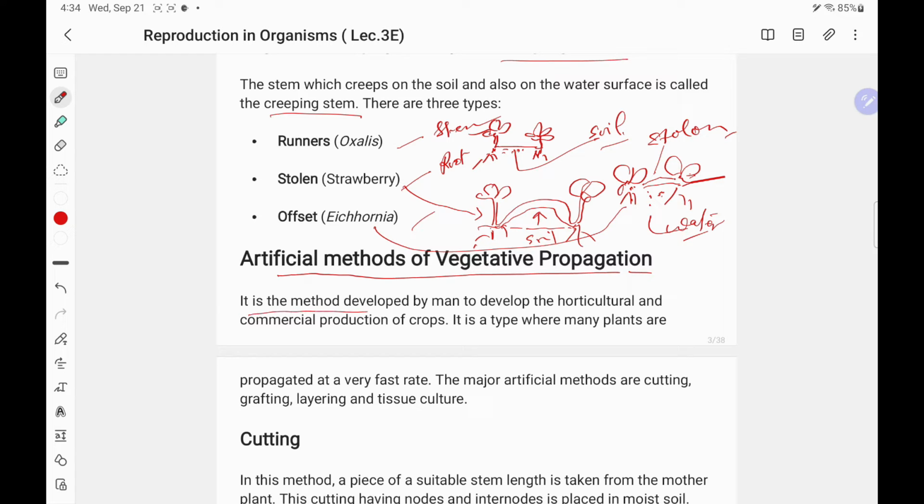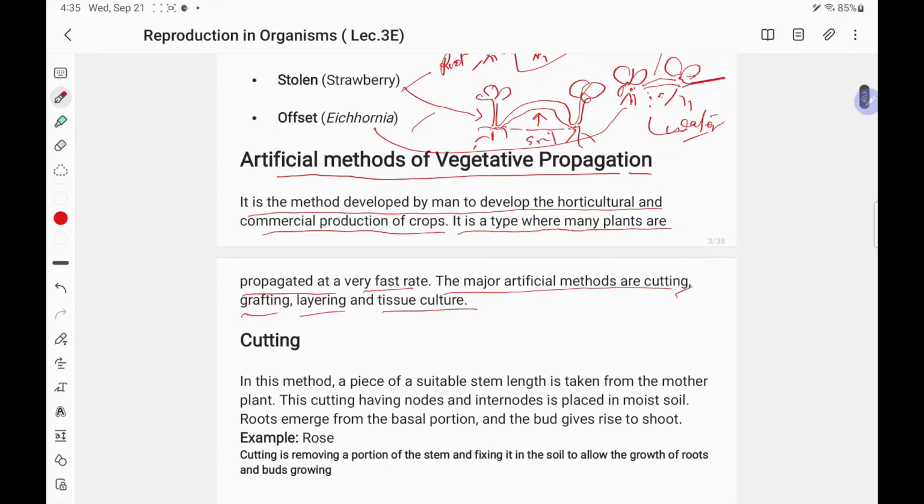It is a method developed by man for horticultural and commercial production of crops, where many plants are propagated at a very fast rate. The major artificial methods are cutting, grafting, layering, and tissue culture.